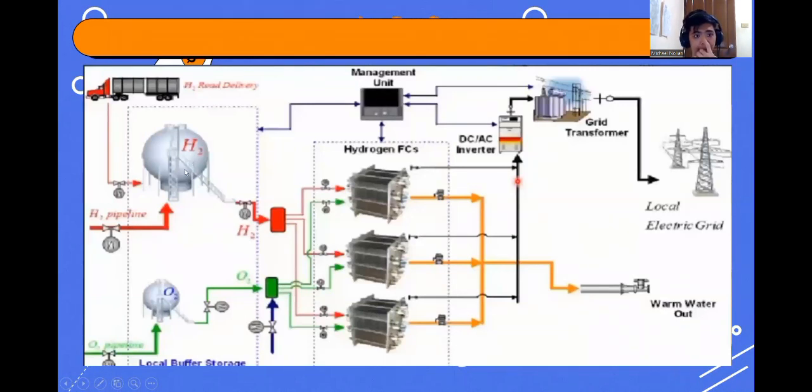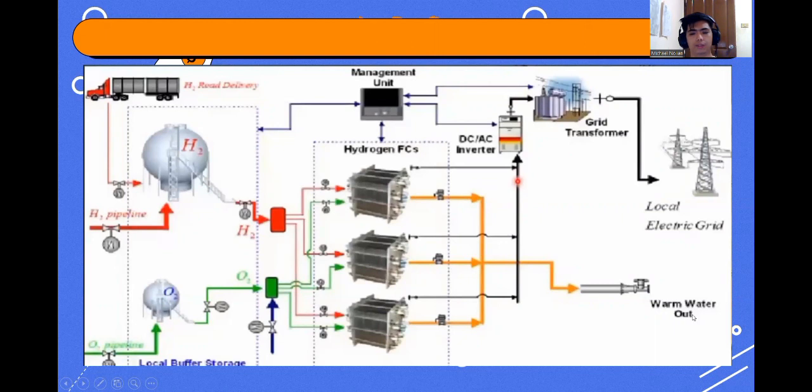We can see here sa fuel cells lang yung hydrogen papasok dito sa anode and cathode. I mean, the hydrogen and oxygen papasok sa anode and cathode. Same process lang din.